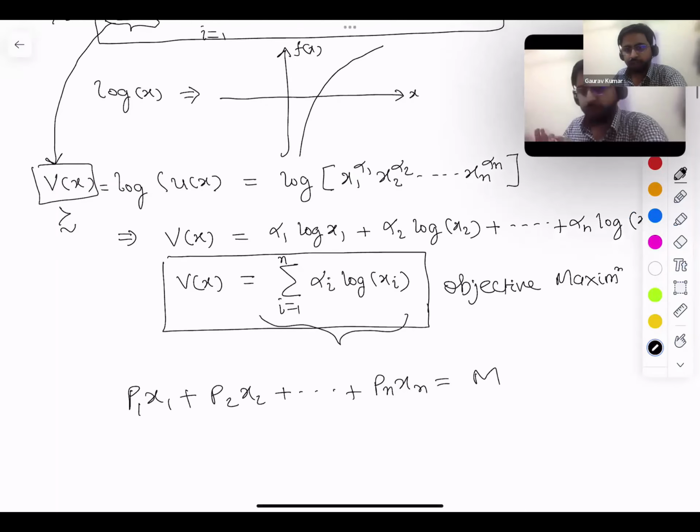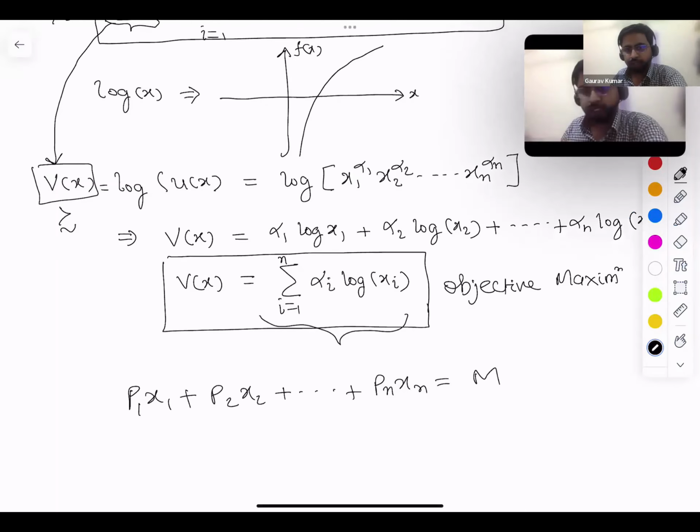So you are a consumer, you want to maximize your utility subject to this budget constraint where M is your income and P1 to Pn are the prices you face, which is not in your control but given by the market. And you are trying to optimize what values of x1 to xn you should have such that the value of this v of x is maximum.